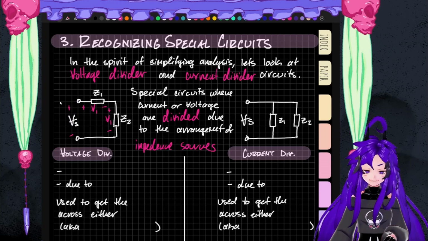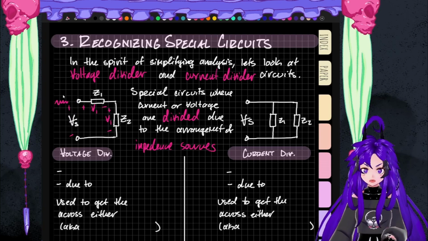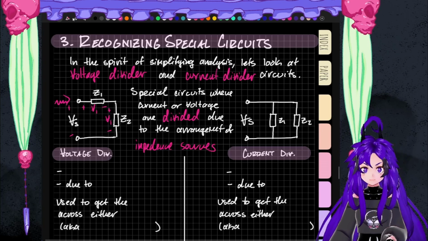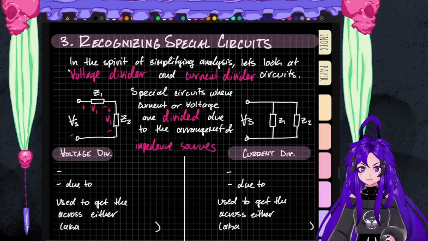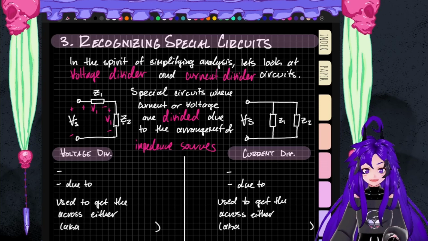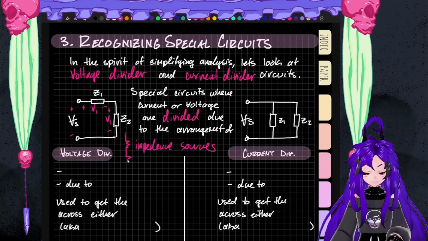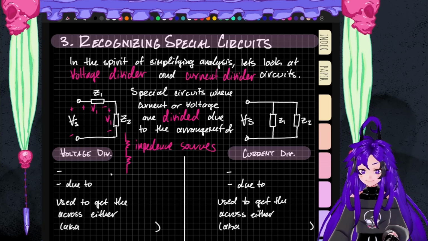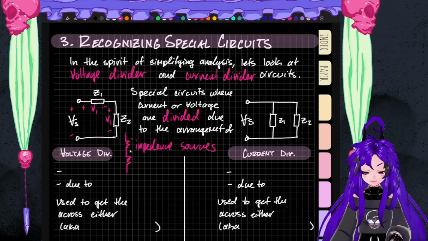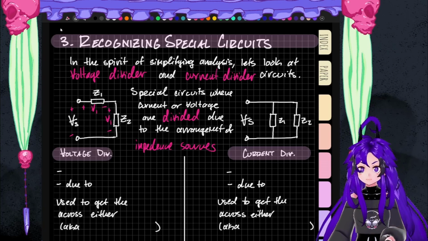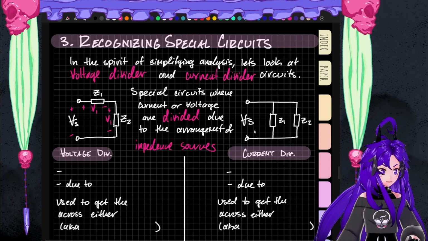That's because if you've got some mess causing a voltage here, you can still apply voltage divider. This is actually the simplest shape. You find this in a circuit and you need the voltage on one or the other, bam, you are in business.